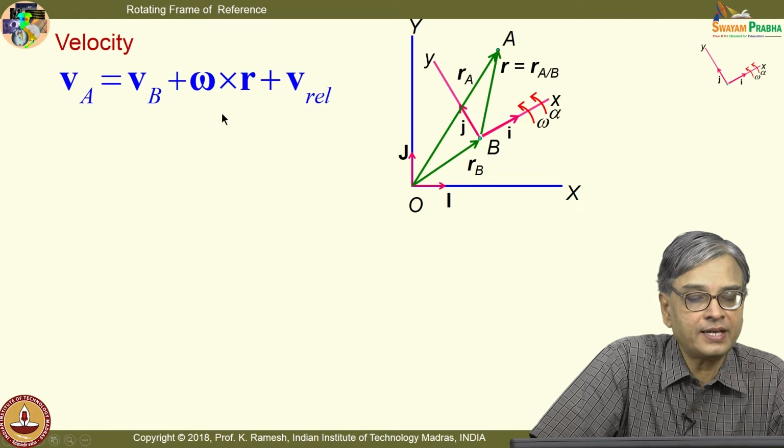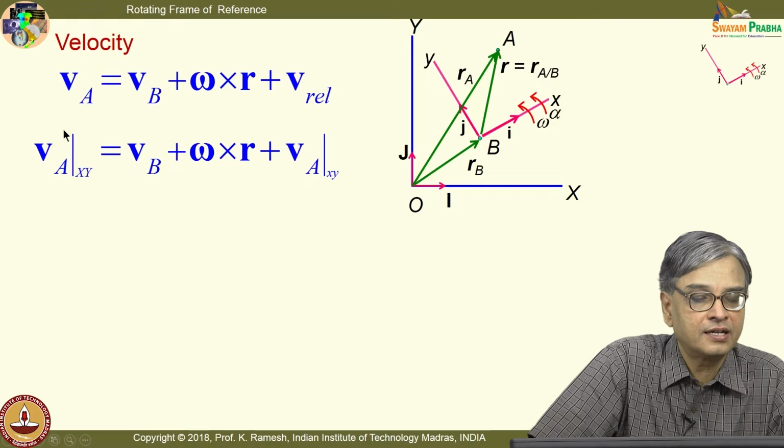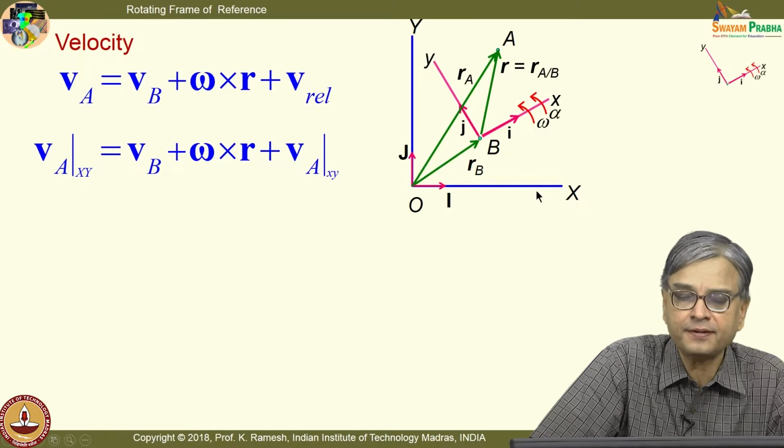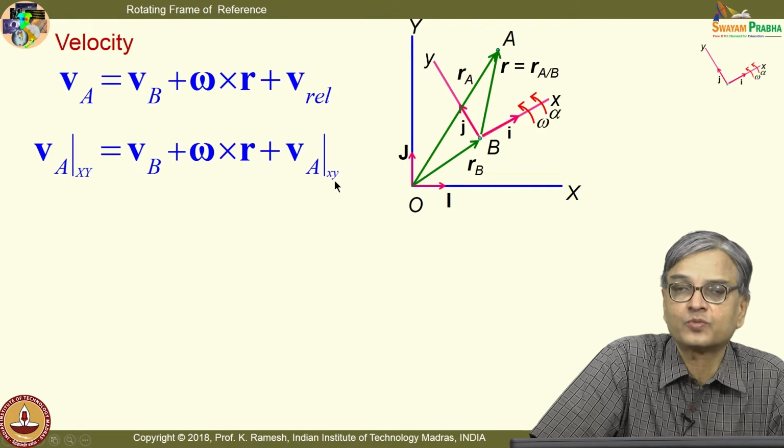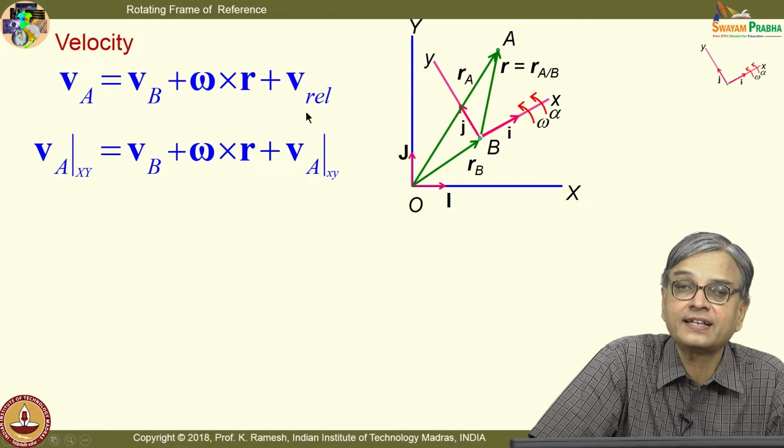And what is it that we have said about this? It can also be looked at as velocity of A with respect to the fixed frame XY equal to velocity of B plus omega cross r BA plus the velocity with respect to small xy, and that is what is V rel.